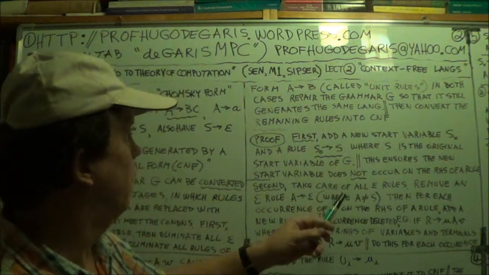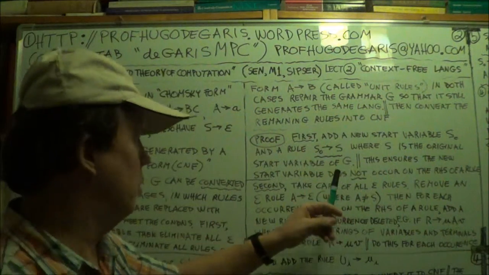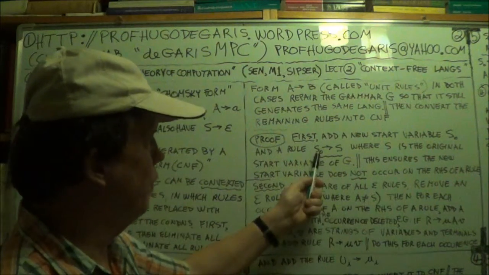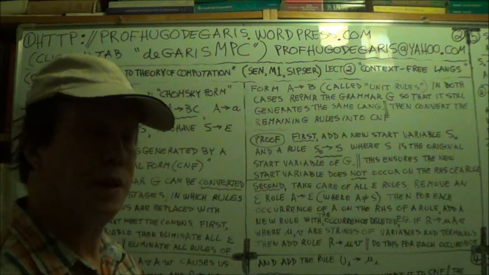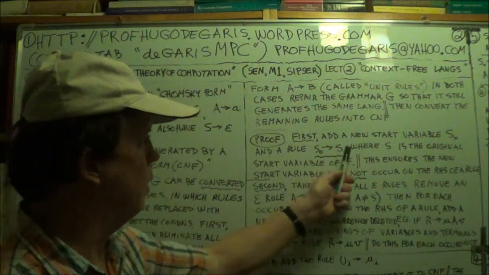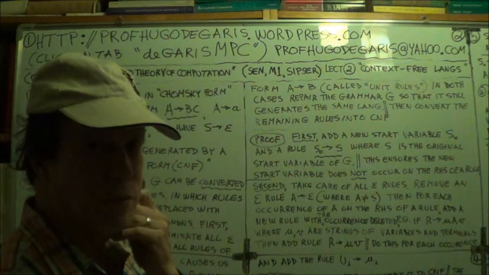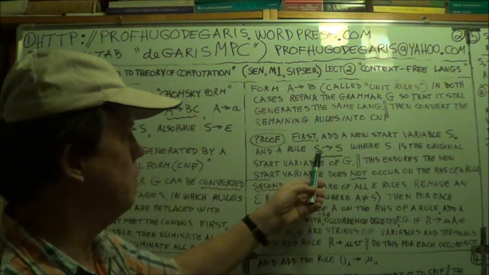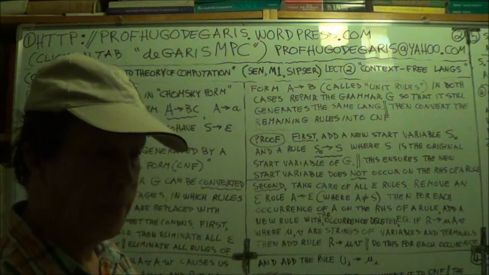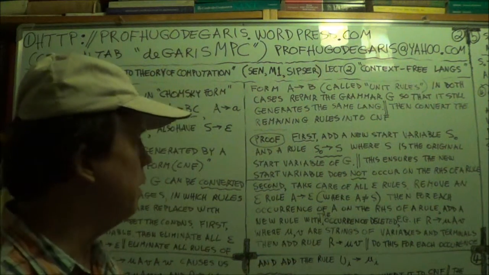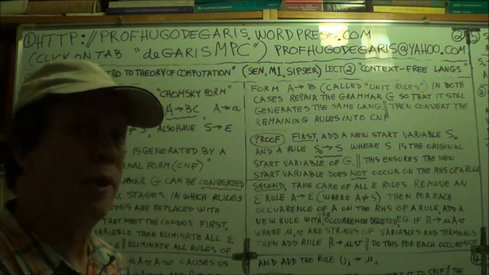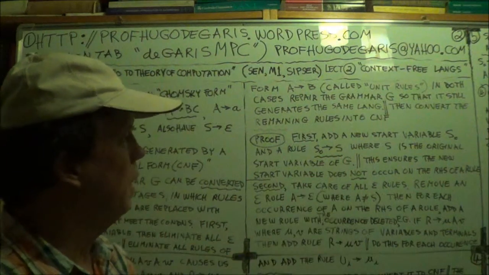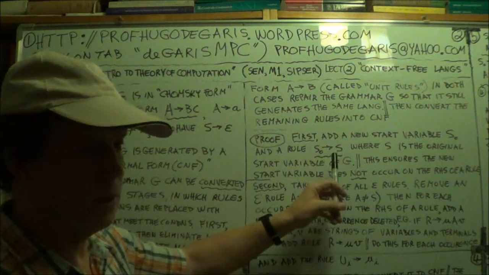And S is the start variable of the grammar you are converting, the original one. Now why do that? Well, by creating a new variable, S0, this variable will not be in any of the rules, other than this one, on the right-hand side. By doing this you ensure that this new starting variable only occurs once in your new grammar, because you just connect it to your starting variable in your old grammar.